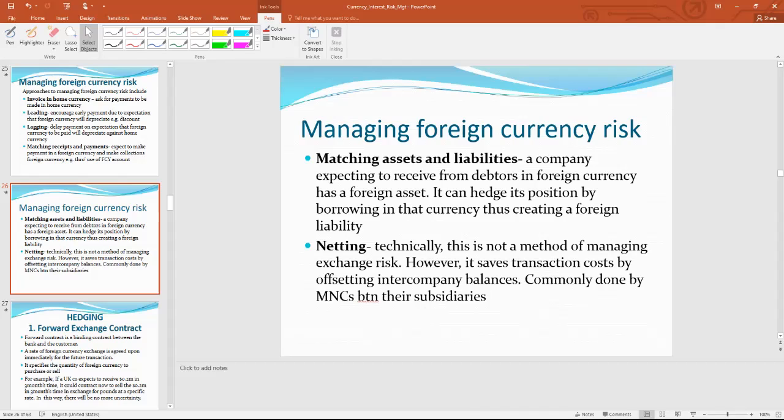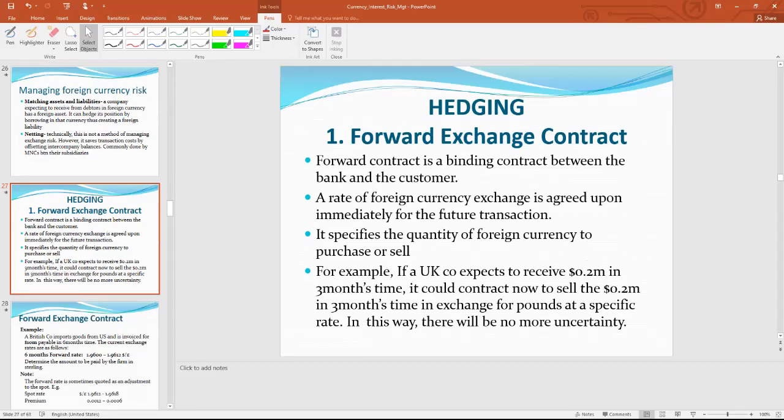And then you have the hedging techniques, which I don't want to start today. We shall start them tomorrow, as I don't want to cover so much material. With these techniques you enter into formal contract agreements in order to manage your foreign currency risk. You enter into formal contracts whose main objective is to hedge the foreign currency risk.